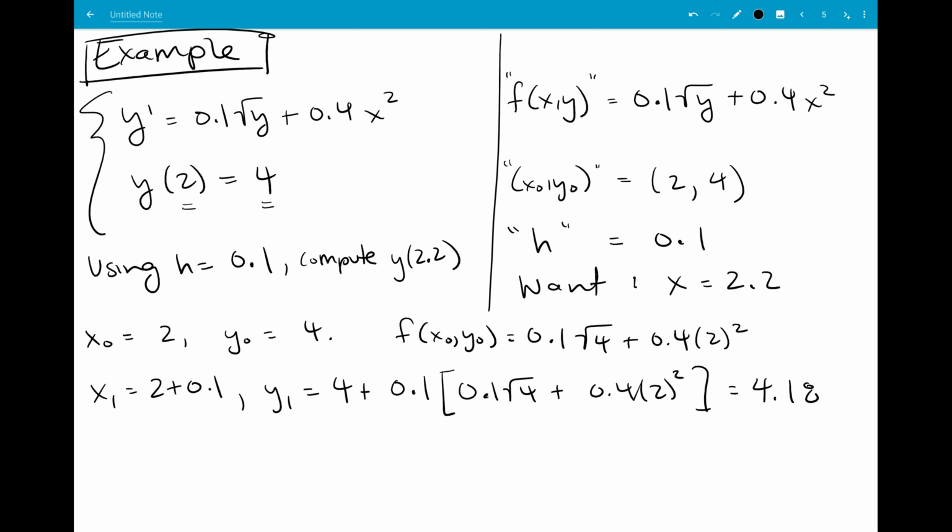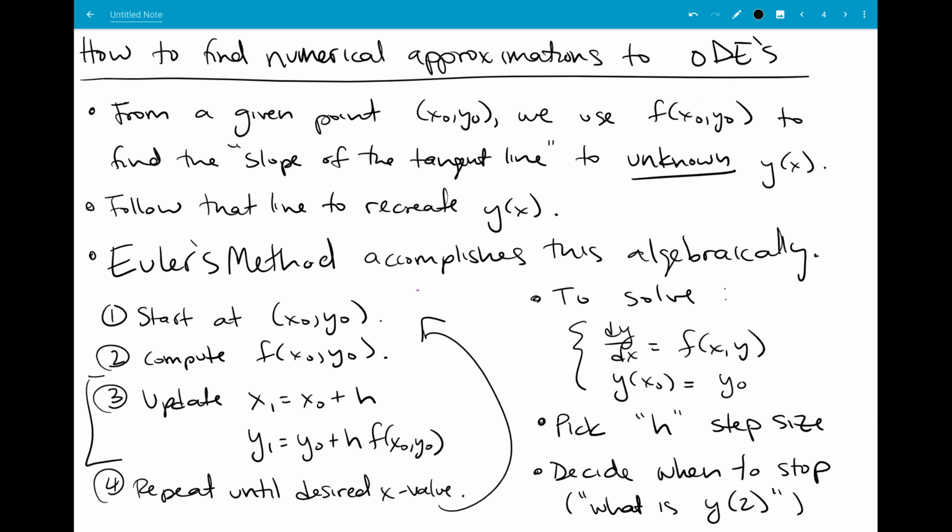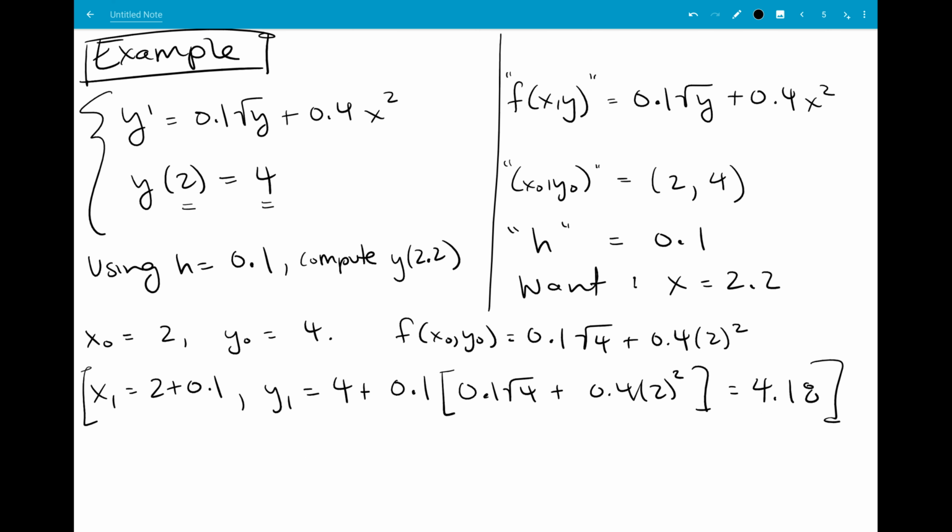Before I go on here, I just want to make sure that it's really clear to everyone. When I computed these update steps right here, that's on the previous stage. So the start of the problem is bookkeeping, just what are the points I start at, what is my function, and then the important Euler's method part is that step 3. And so I'm just going to write right below it that I said x1 is equal to x0 plus h, y1 is equal to y0 plus h times f of x0, y0.